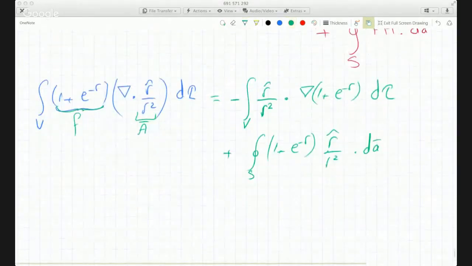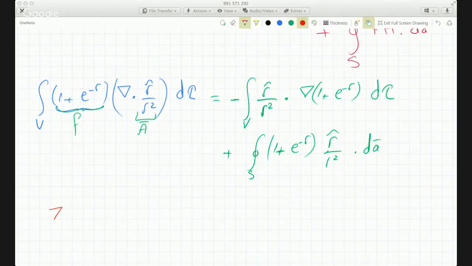Okay, now let me ask you, what is the gradient of 1 plus e to the minus r? That is just the derivative, yeah? This is just minus e to the minus r in the r direction.